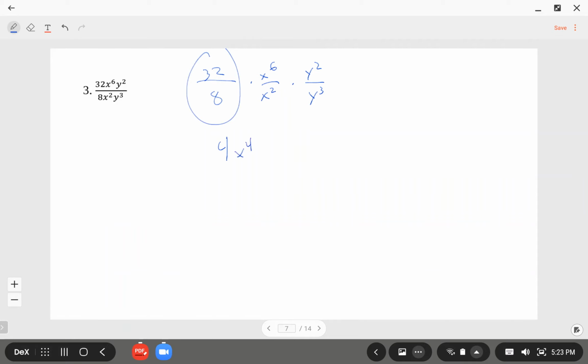And then y squared over y to the 3rd power, that's going to be y to the negative 1st power. But you can't have a negative number in your exponent. So what is y to the negative a? Okay, so n to the negative a power equals 1 over n to the a power. So here, you do this: it equals 4x to the 4th over y.